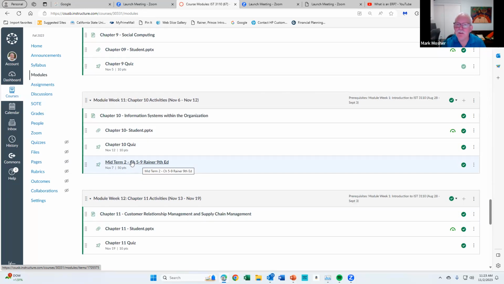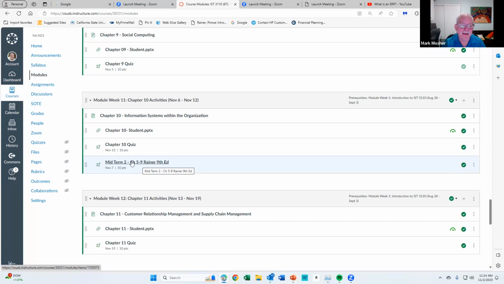So that is your best way to figure out what's going to be on the exam. The book has a lot of stuff that has various levels of value to me. Some things are of high value to you as an employee, and there are other things in here that are of lower value. I try to find what I think are mid-range to higher value to you professionally, and those are the things that are going to probably end up on the test.